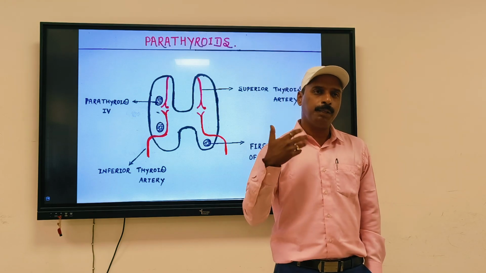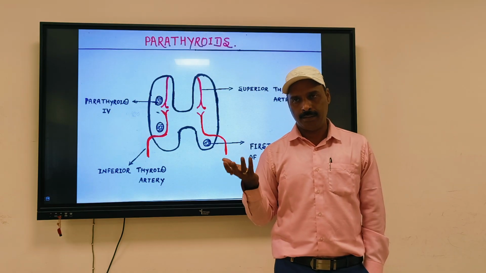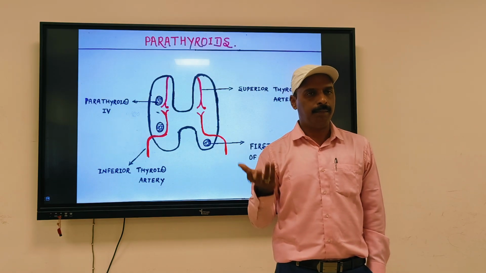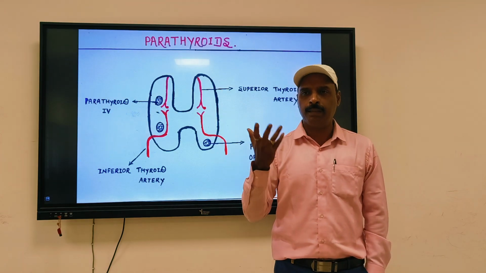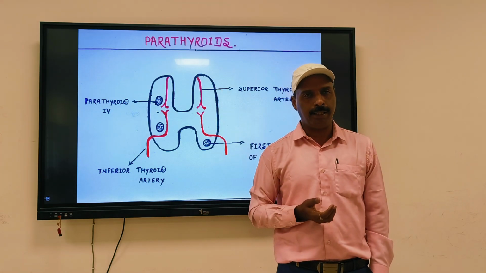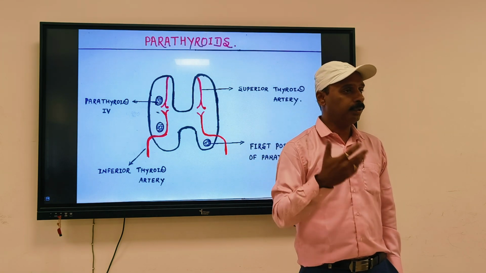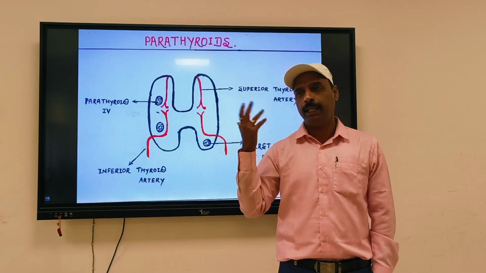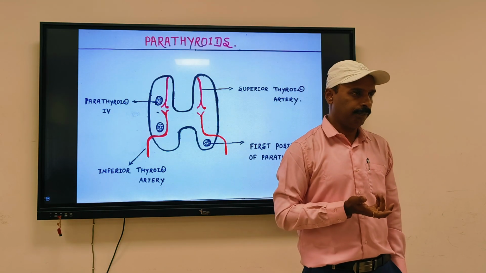So these all will be the nutritional advice when a patient has hypocalcemia. Sometimes if you give excessive medication like calcium supplements, and the patient goes on taking them for a longer period, the patient may land up with a kidney stone.